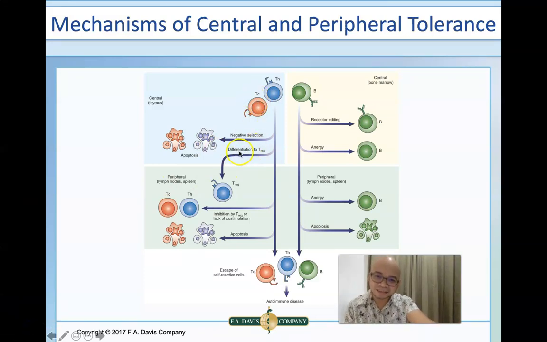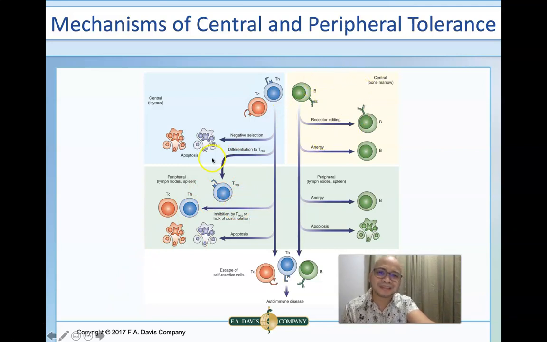The danger is that this Treg will exit the thymus and go to the peripheral lymphoid organs such as the lymph nodes and spleen, and this Treg may be reactive to self-antigen.